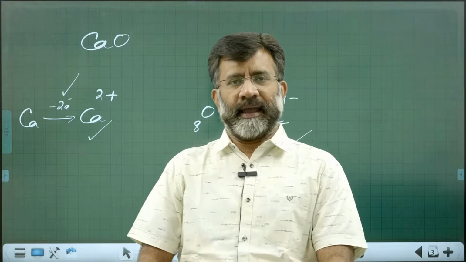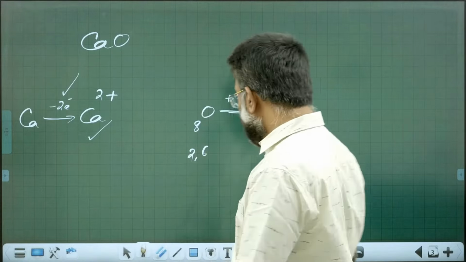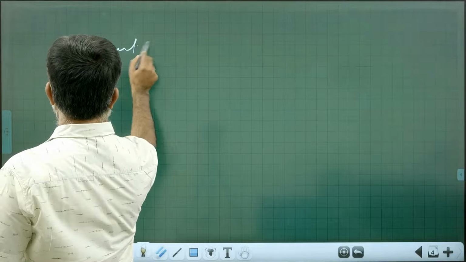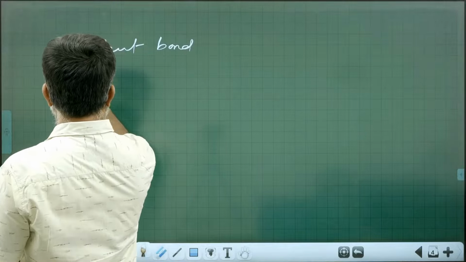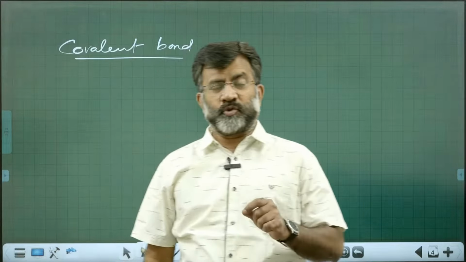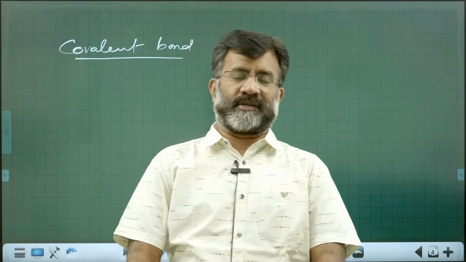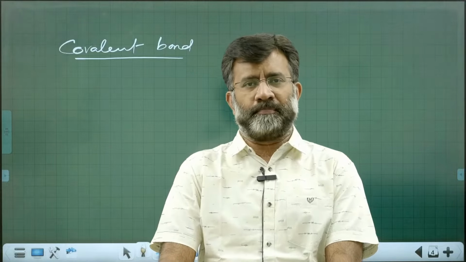Right? And then what is a covalent bond? How is a covalent bond formed? A covalent bond is formed by mutual sharing of one or more pairs of electrons, which we call bonded pair of electrons, bond pair electrons.